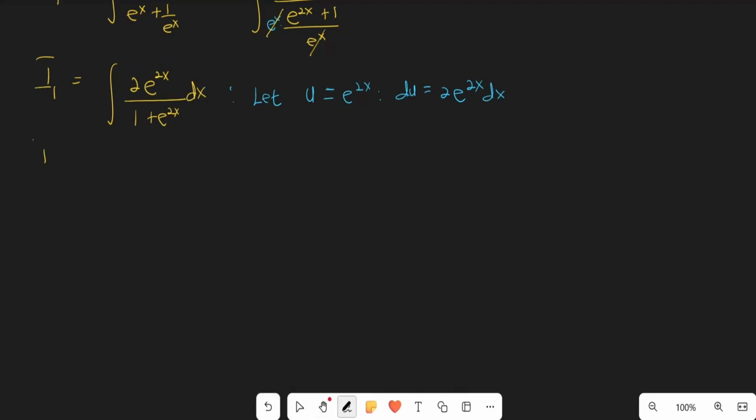And now the integral is looking like this. So we are going to have the integral of du all over 1 plus u, like that. And that is equal to the ln of 1 plus u. But what is u? u is e to the 2x. So I1 here is going to be equal to the ln of e to the 2x plus 1.